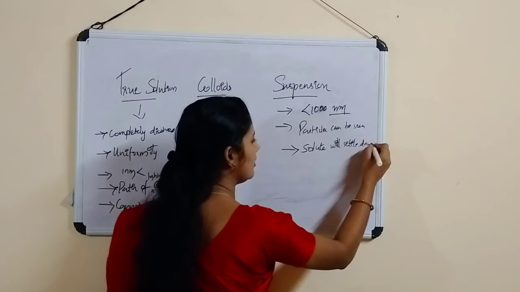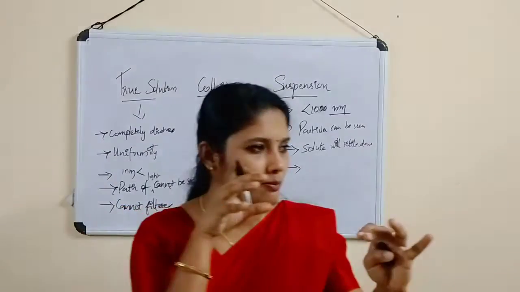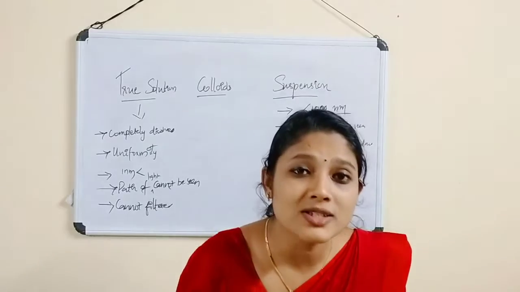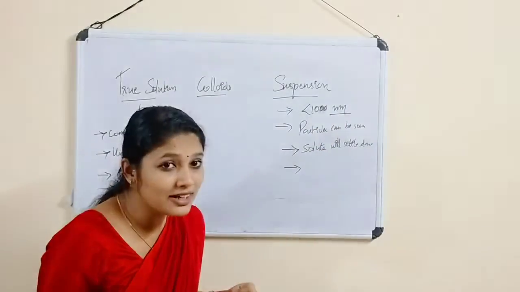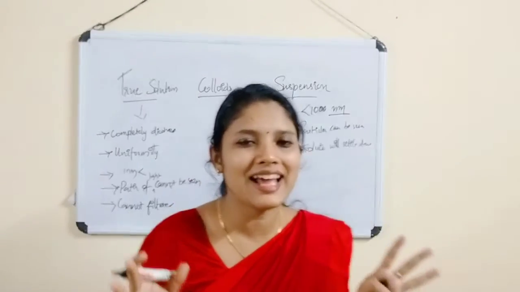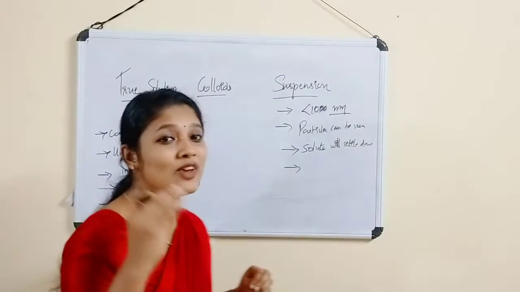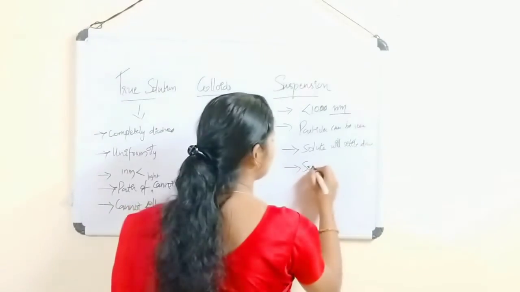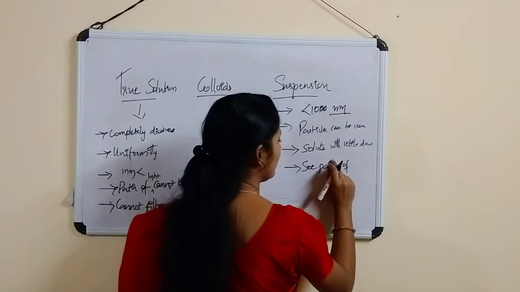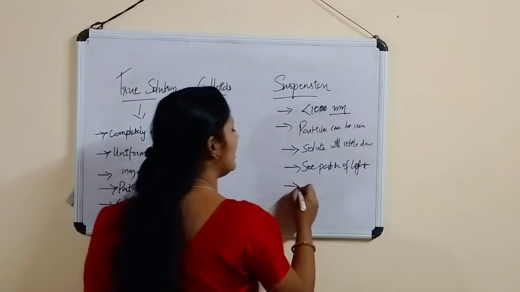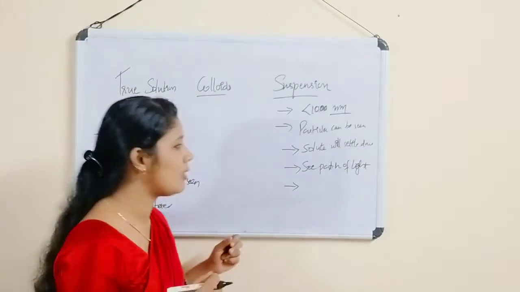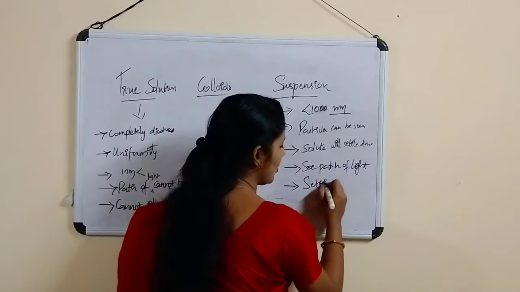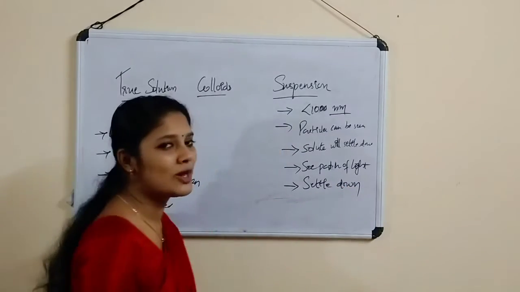When it is kept undisturbed for some time, it will settle down. The solute will settle down. Now, if we pass a beam of light through a suspension, of course we can see the path of the light, because it has particles in it, greater than 1000 nanometer. These particles scatter the beam of light, and we can see the path of the light. Also, when it is kept undisturbed for some time, the solute will settle down.